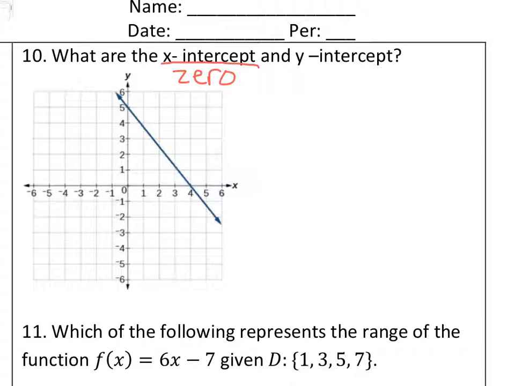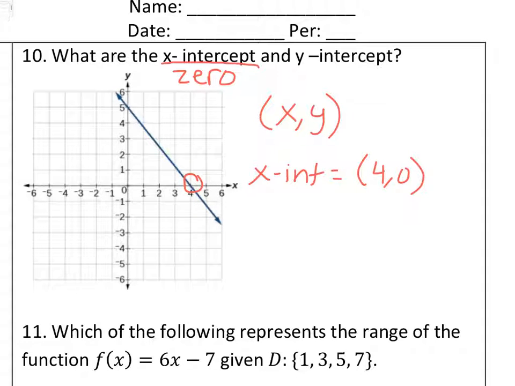Okay, so the x-intercept is going to be where the line crosses the x-axis, and we're going to list it in coordinate form, or in other words, x comma y form. So you do need to list the coordinate and not just that number 4. So the x-intercept is going to be at 4 comma 0.